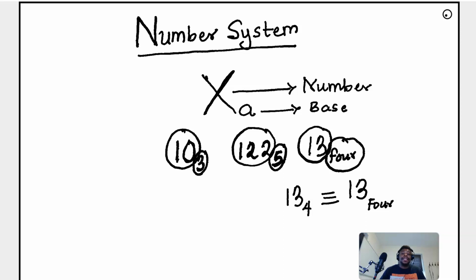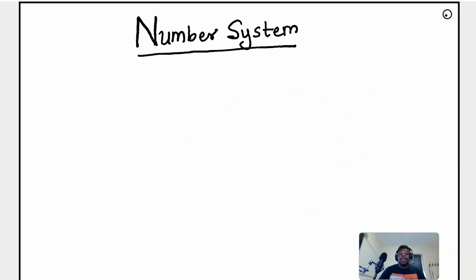Counting in bases. That is the next thing we want to go to. So let's begin with counting in bases. Generally, all numbers are in base 10. We count generally in base 10. Base 10 simply means decimal or denary. If I tell you 13 plus 11, this is going to be 24.